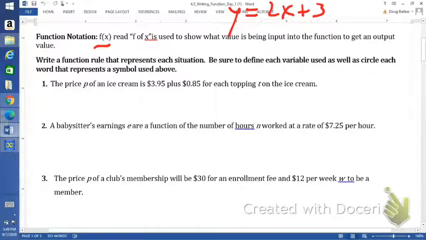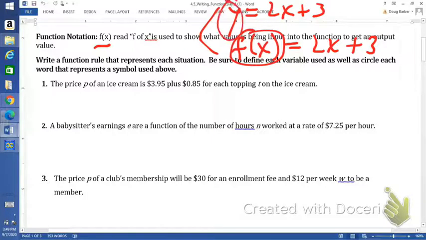If we were to put this in function notation, what we could say is f of x equals 2x plus 3. So these are the same thing, just two different ways to write it. So just think of f of x as your y.